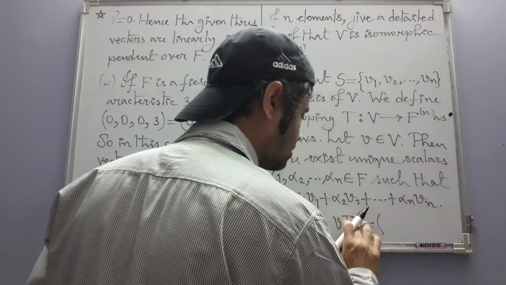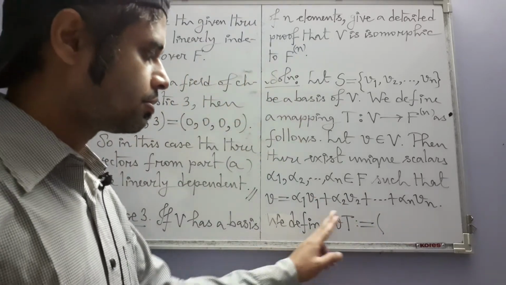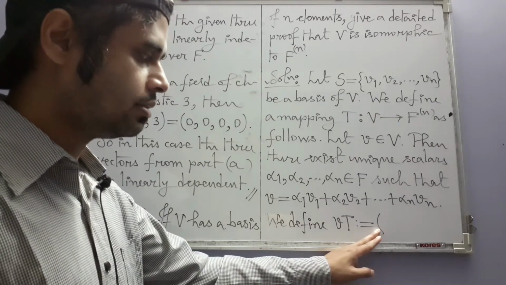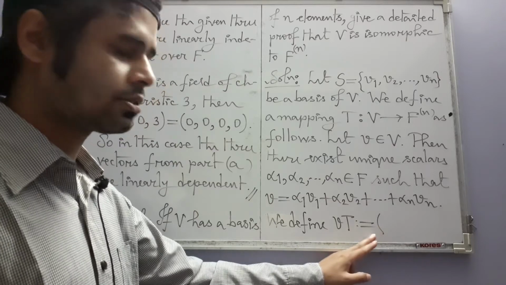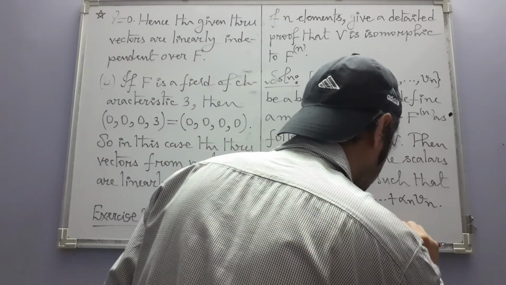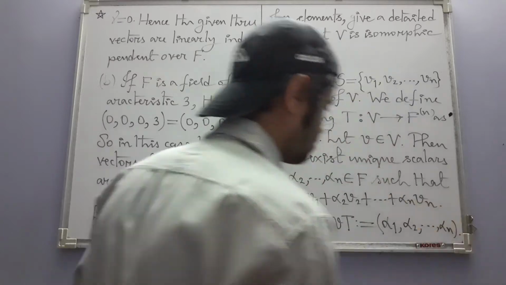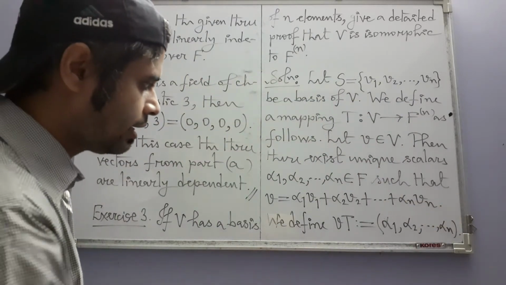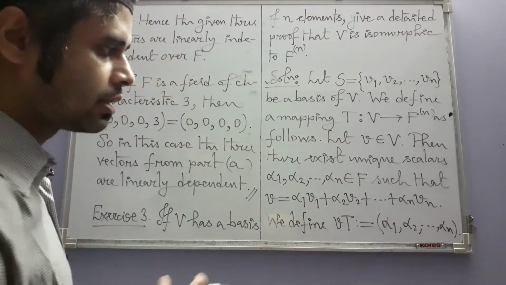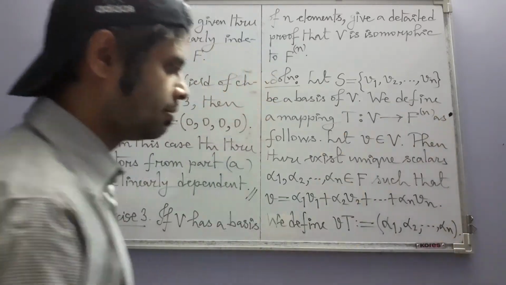Whenever you define something, you use a colon to the side of the thing being defined, and the other side of the equality sign is the meaning of it. So for a given vector v in V, we have an ordered n-tuple of scalars in F, an element in F^n.